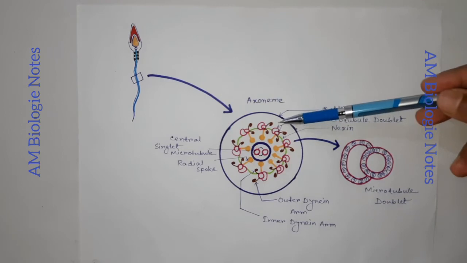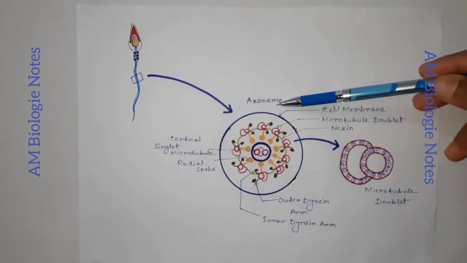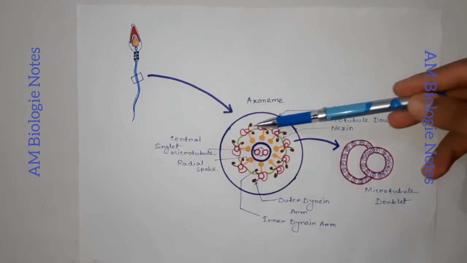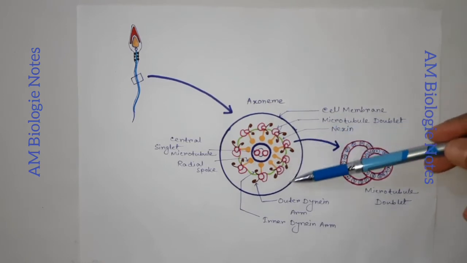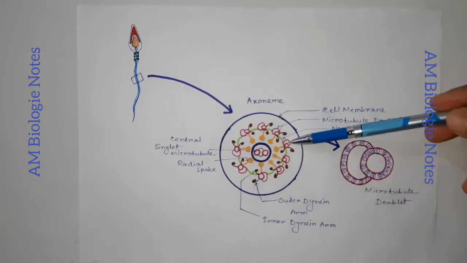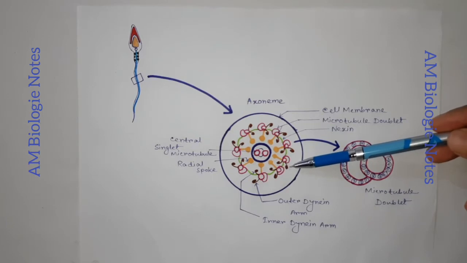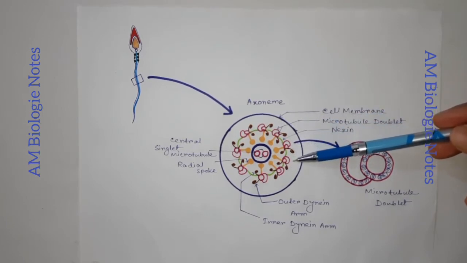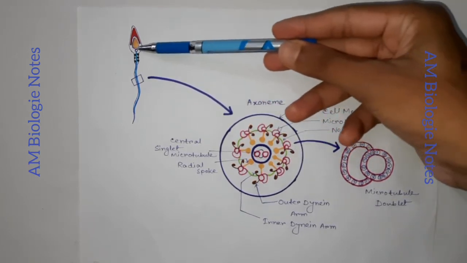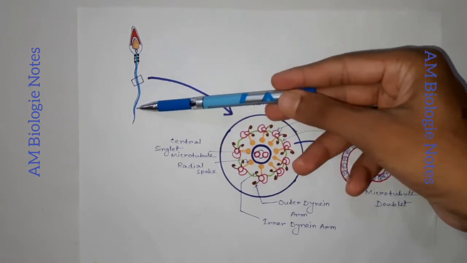The major motor portion of the flagellum is the axoneme. The axoneme is a structure formed by microtubules that emerge from the centriole at the base of the sperm nucleus.